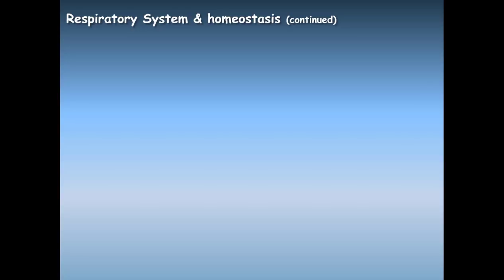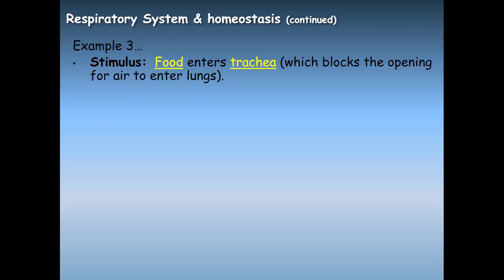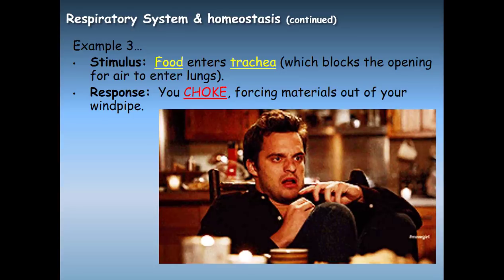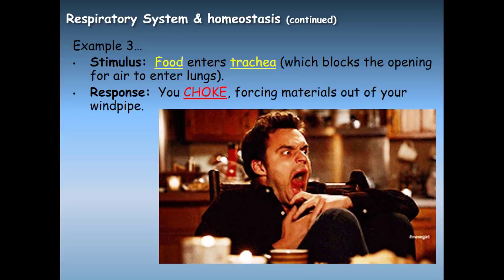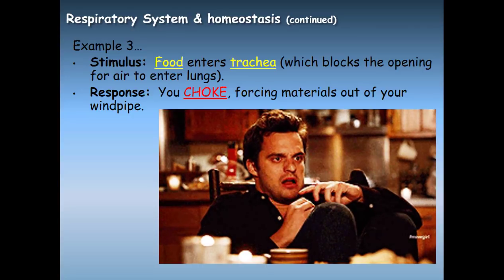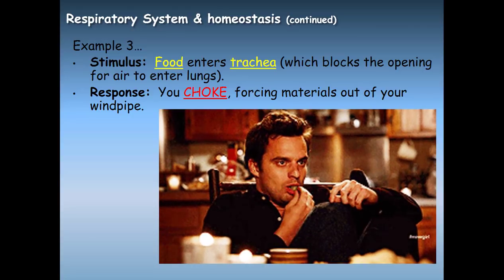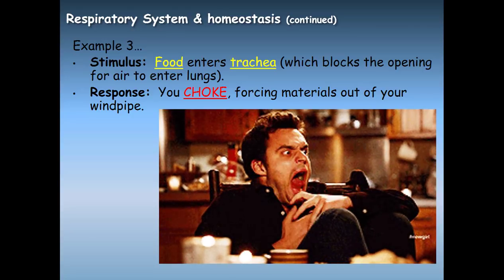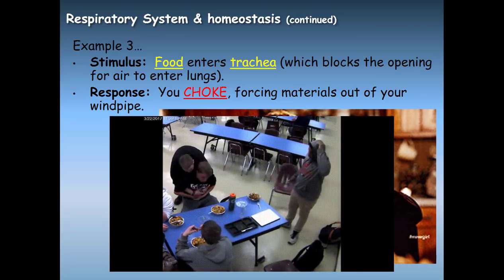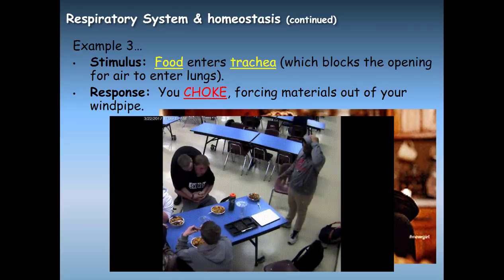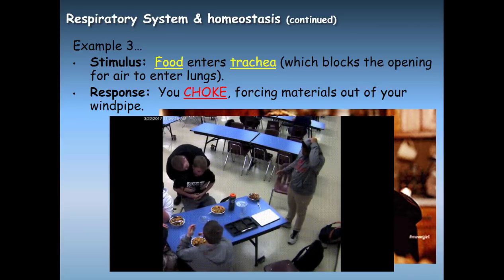Example number 3, if food enters your trachea, which would then be blocking the opening for air to enter your lungs, you would choke. And choking is generally going to force materials out of your windpipe. If you've ever been shown or done the Heimlich maneuver, that's what you're helping with, is you're helping someone who's choking, that can't breathe, by getting something out of their trachea.